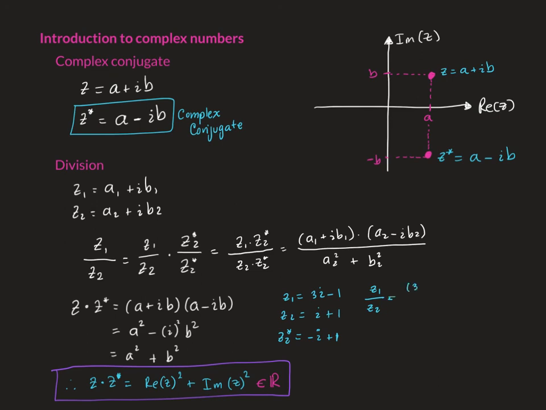This is going to be 3i minus 1 divided by 1 plus i, and I'm multiplying by 1 minus i over 1 minus i.